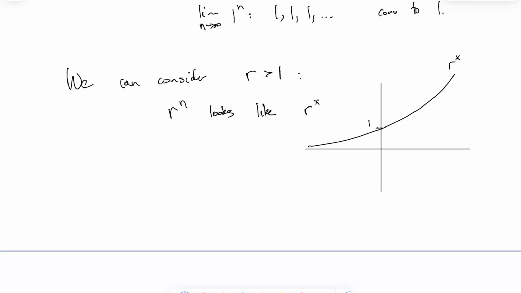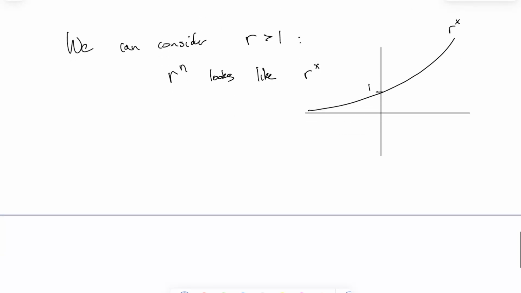That's what this graph indicates. So if r is greater than 1, then the limit as n goes to infinity of r to the n diverges. I will say it equals infinity. These terms increase forever, and that's why it diverges. So that is positive numbers greater than 1.